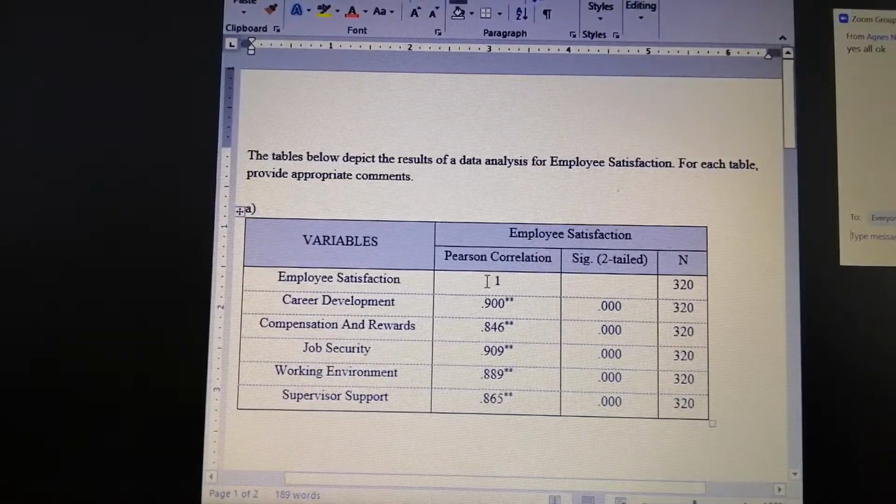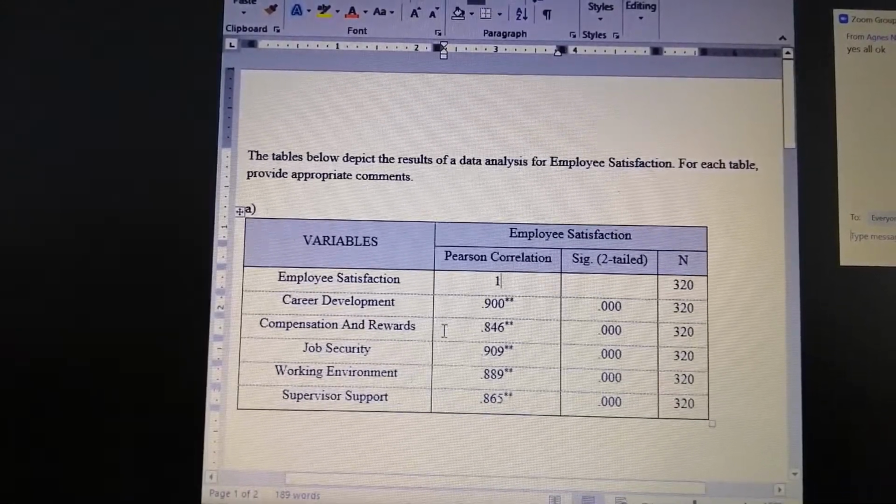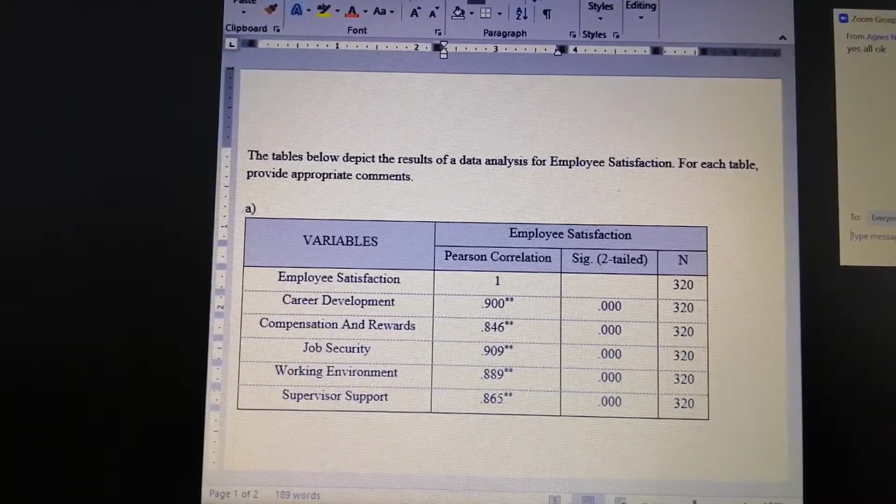The other one has nothing to do with it; it is the dependent variable. Only the independent variables matter. So career developments and job security are more influential for long-term stability. The more influential parts in this analysis are job security and career developments. Those are the comments based on the analysis.